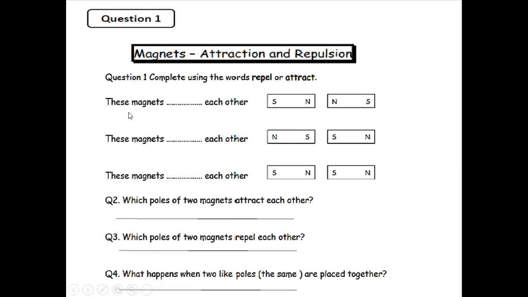In number 1, what are these magnets going to do to each other? Here is the south and north, here is the north and south. What is here? The north is beside the north. Are they alike or opposite? Yes, they are alike. So are they going to be repelled or attracted?